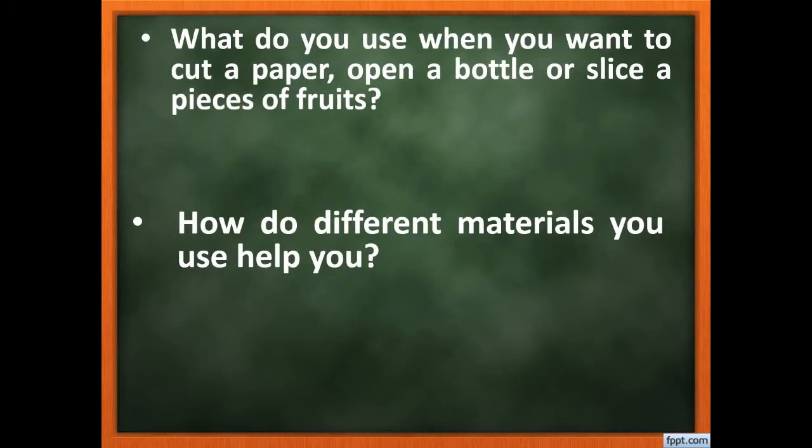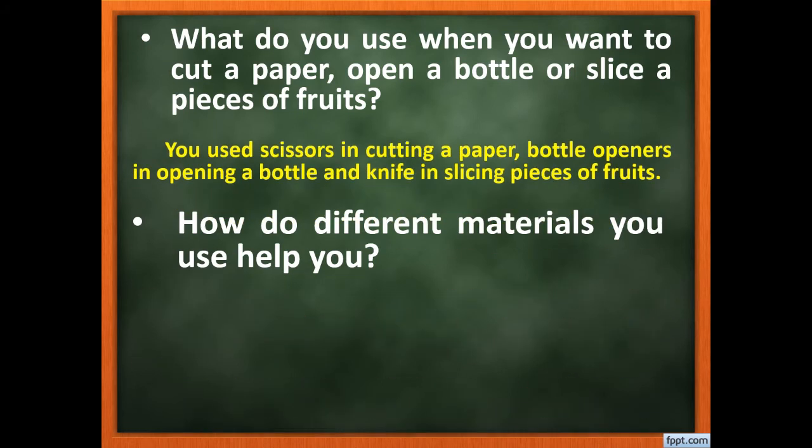Let's go back to the questions that I've asked a while ago. What do you use when you want to cut a paper, open a bottle, or slice pieces of fruits? Correct! You used scissors in cutting a paper, bottle openers in opening a bottle, and knife in slicing pieces of fruits.